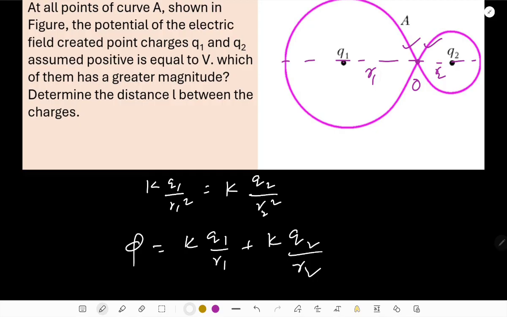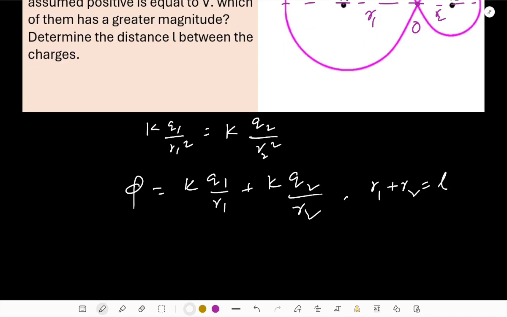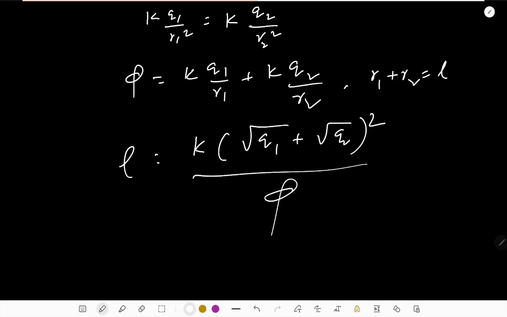This is the net potential produced by both the charges at point O. And we can use the fact that also r1 plus r2 will be some value, and we needed to find out L, and from these equations you can easily find the value of L. That is going to be something like k times (under root q1 plus under root q2) square divided by the potential of the equipotential surface, and you can get the result.